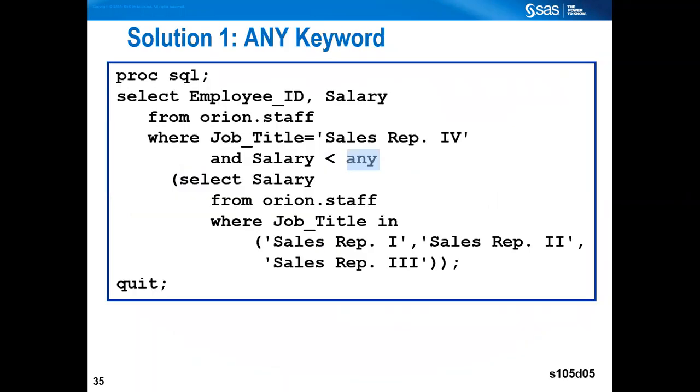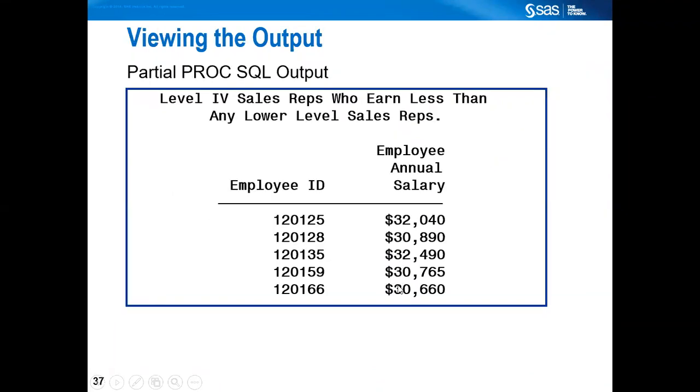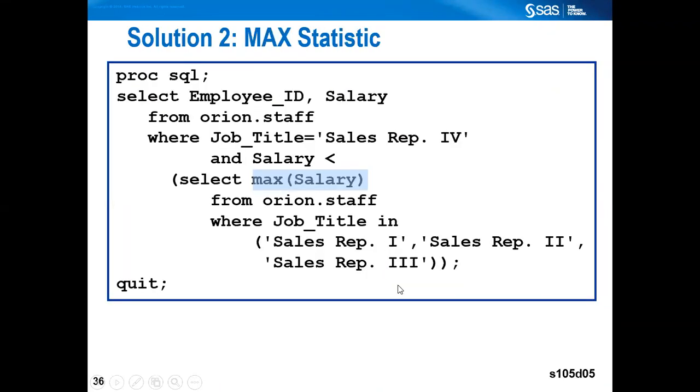So for that, you can use this ANY keyword. You're using employee ID, salary, from staff, job title sales representative level 4, and salary less than ANY: select salary from staff where job title is among sales representative 1, 2, and 3. So you get all those employees whose salaries are less than level 4.